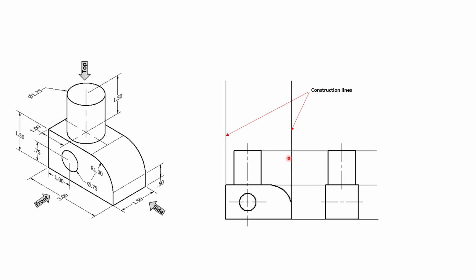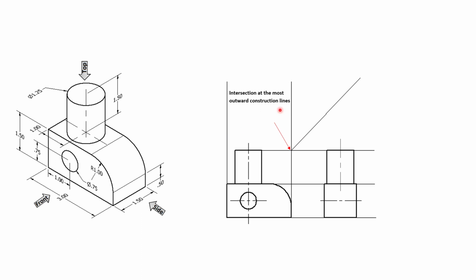The new method is that at this point, at these most outward construction lines, the top line and the most right, create this intersection. And at this intersection, create a 45-degree line. And I'm going to use this 45-degree line to project all these features, all these lines off the side view, and use them to project to the top view.